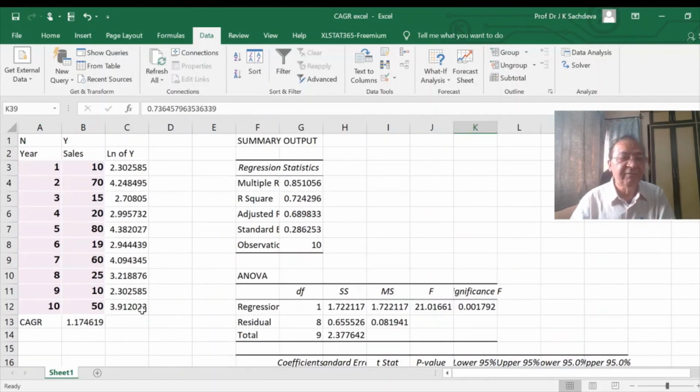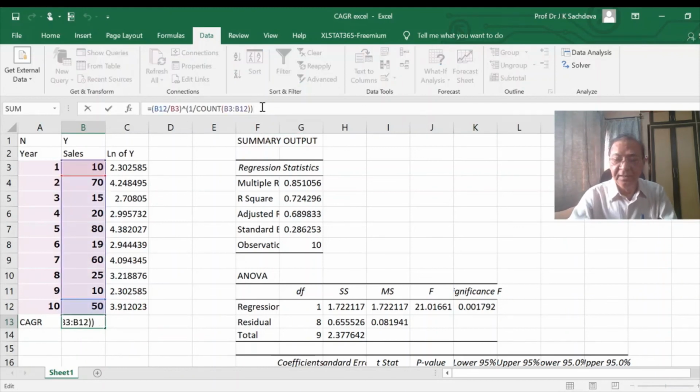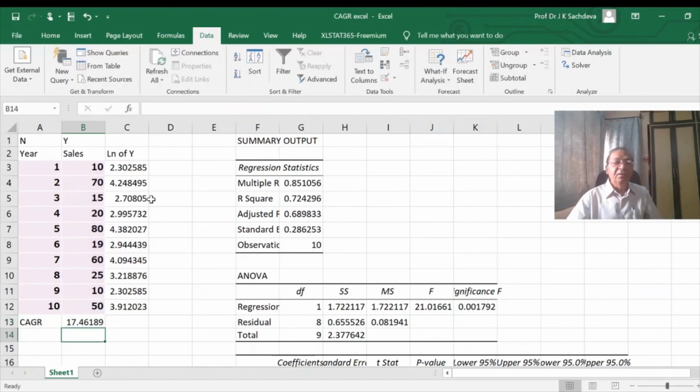So if we change the values here, though the original first value and last value remain the same, 50 and 10, the values in between have changed.